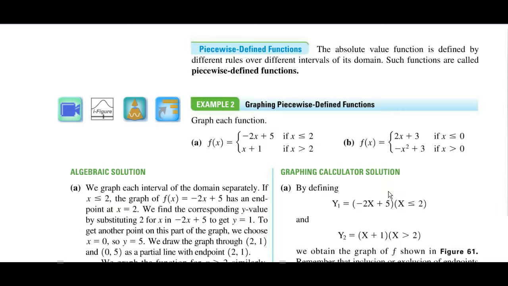Now in this next type of function, we're going to say the absolute value, in this case of a piecewise defined function, is defined by different rules over different intervals of its domain. So since it will be in pieces, you can probably imagine that it's going to be discontinuous. And here are some examples that we're going to work shortly.